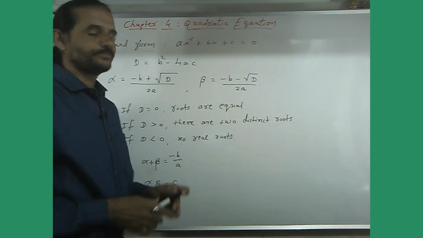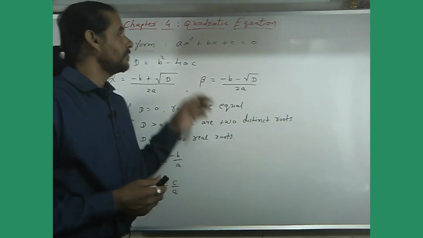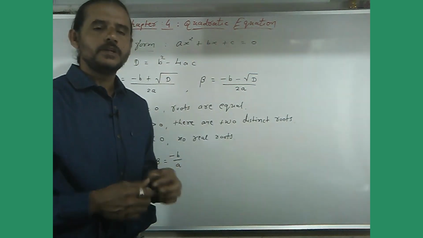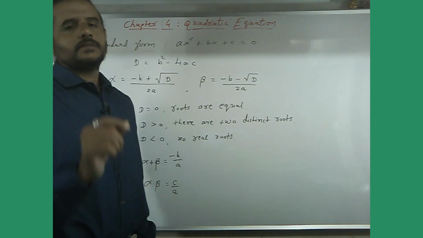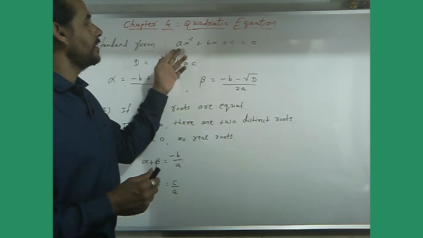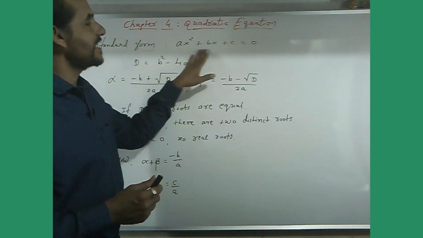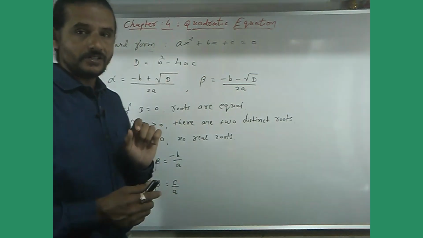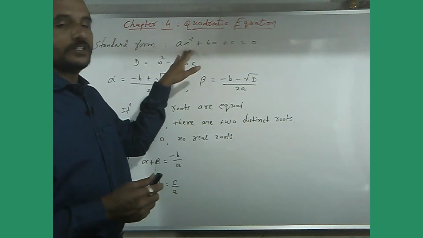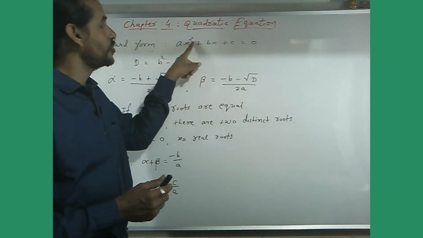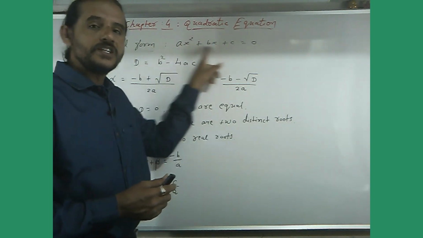Let us revise this. What is the meaning of ax square plus bx plus c equal to 0? Means quadratic equation. Any equation in the form p of x equal to 0, where p of x is a polynomial of degree 2, is a quadratic equation.